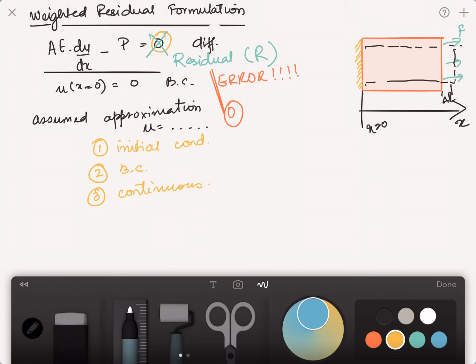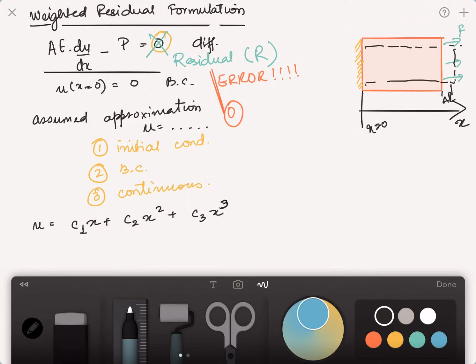Let's just pick an example because it's much easier to study with an example. Let's say that we take a polynomial function for u for the given problem with the differential equation known to us. The assumed approximate solution u is a function of x, of course, because it's in the direction of x, and we go up to the third order polynomial: C1 x, C2 x squared, C3 x cubed.